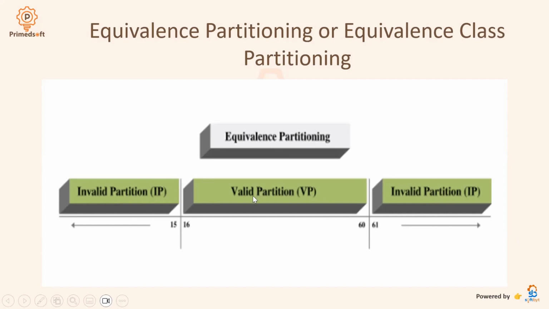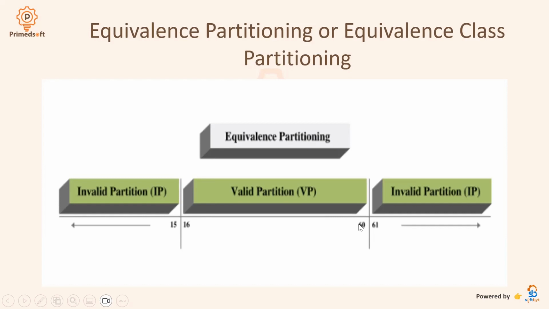So what you will now do is choose any value between 16 and 60 to test. It could be 59, it could be 60, it could be 18, it could be 20. Anything between 16 and 60 is valid. And like I said, they are expected to behave the same way. So the principle is, if you test 18 and 18 fails, that means if you test 19, 19 will fail.